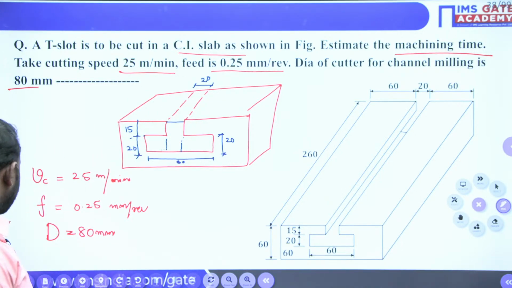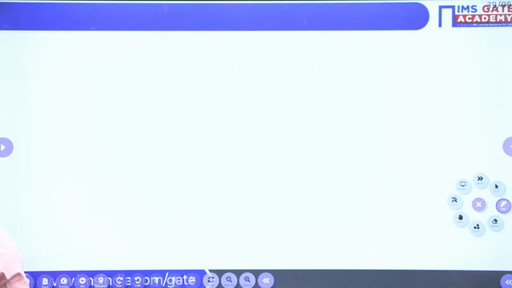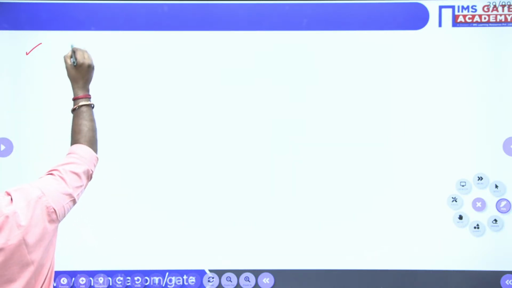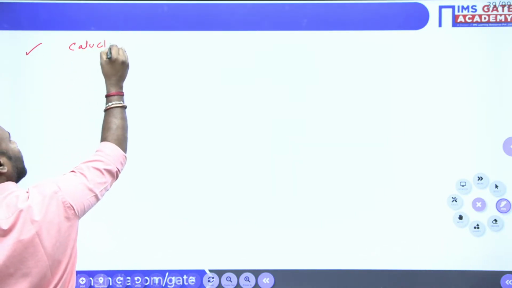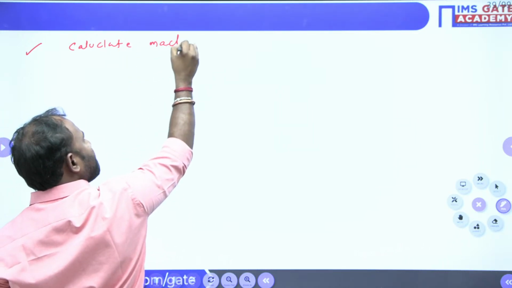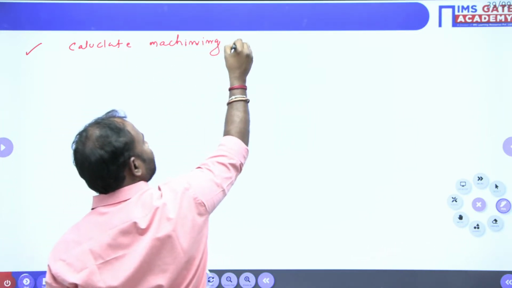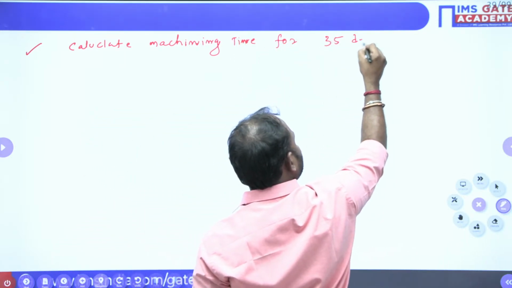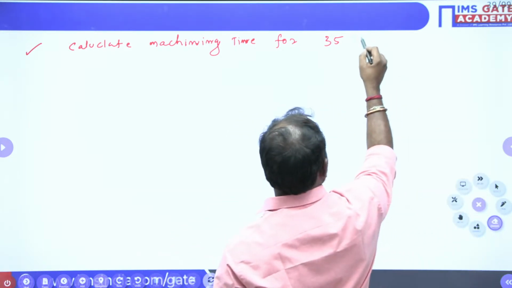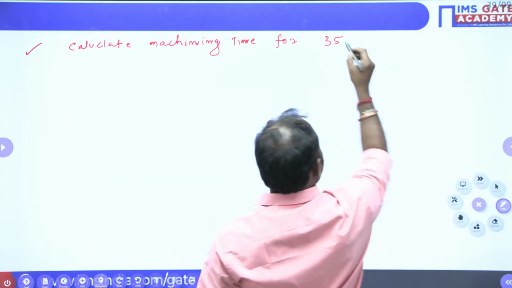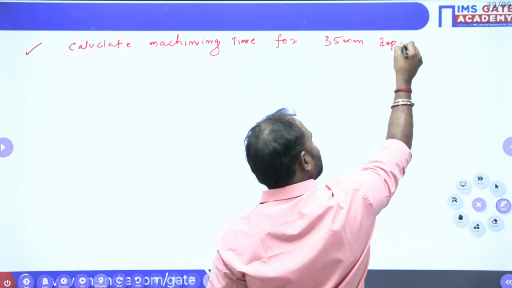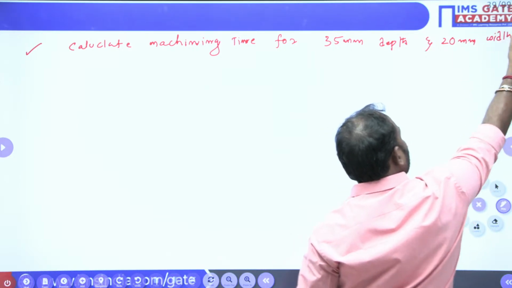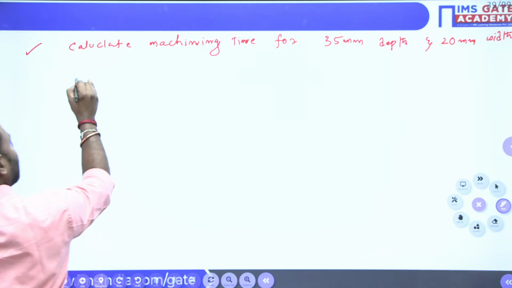Okay, right. Next, go for that. Now, first I'll write: calculate machining time for 35 mm depth and 20 mm width of slot.